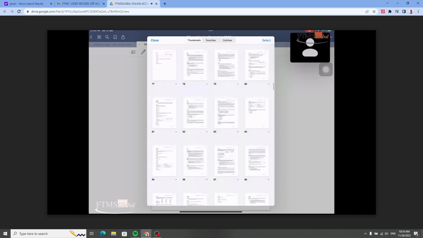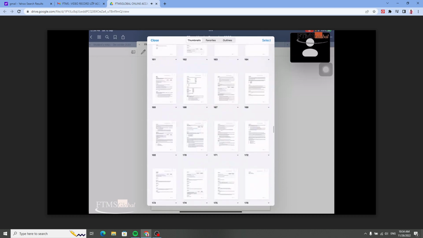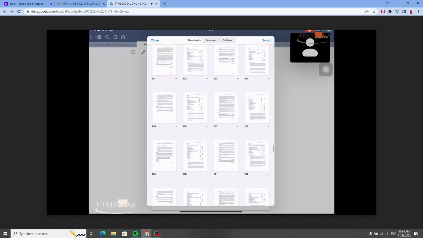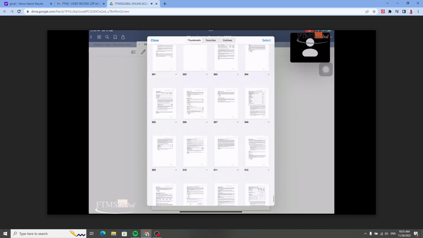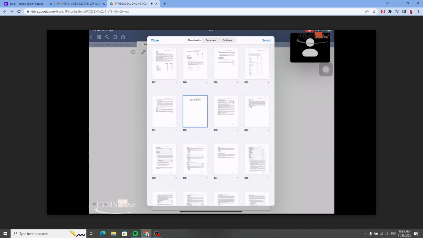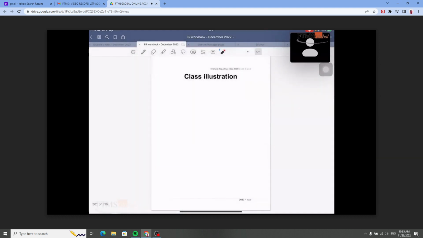You turn from the back, you will see a class illustration. It's 302. So these are the questions that we'll be discussing during the class. Class illustration 302.